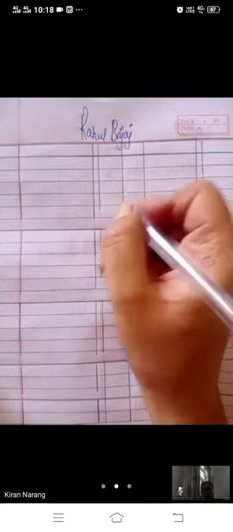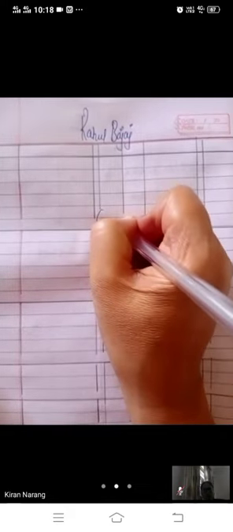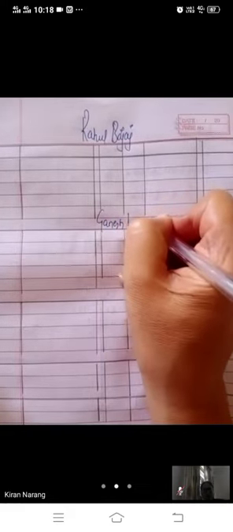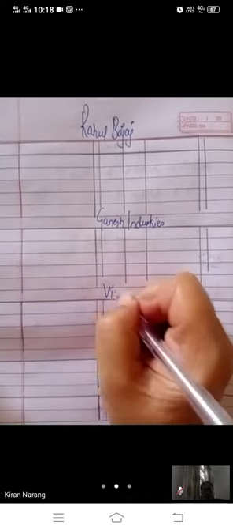Okay, we have made the format already. The first name was Rahul Bajaj. Second name was Ganesh Industries. Third name was Vijay Modi.